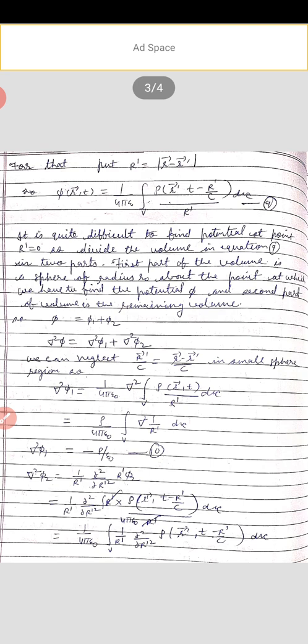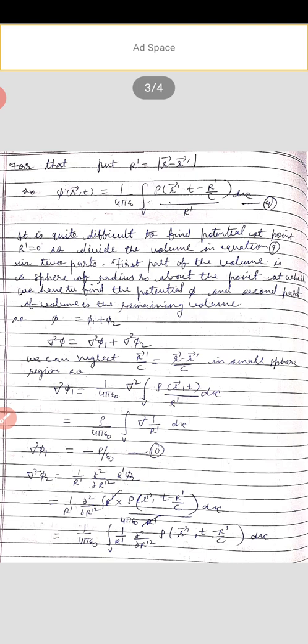And ∇²φ₂ = (1/r') ∂²/∂r'² (r' φ₂), and in this condition we put the value of φ₂.